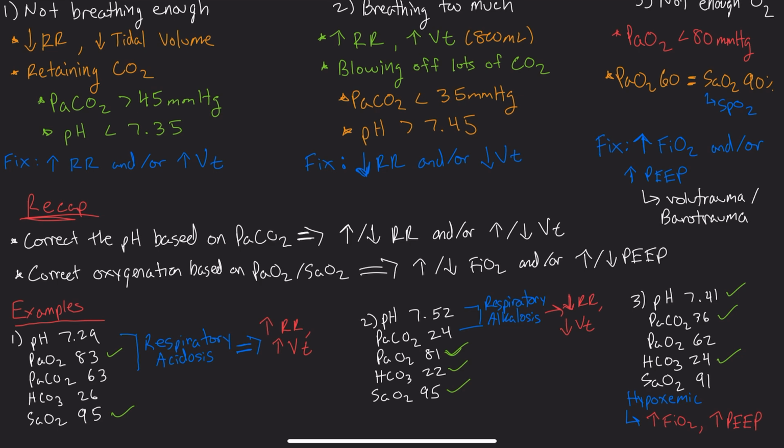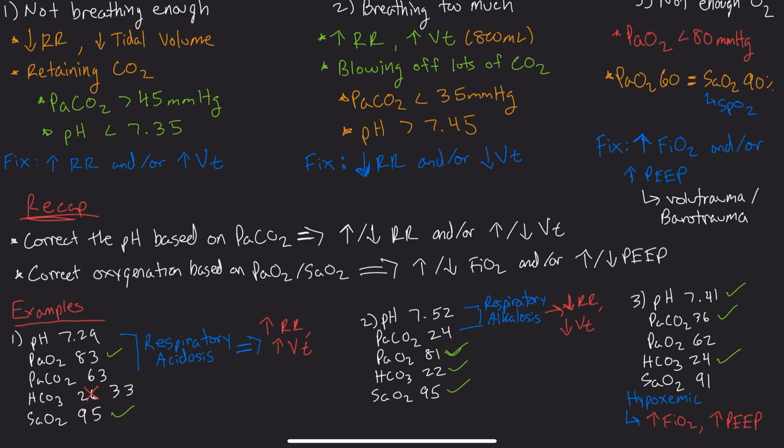But you could have something where the bicarb is also trying to help correct the pH, so maybe it's elevated too, so it's 33, so that's also out of the normal limits of 22 to 26.